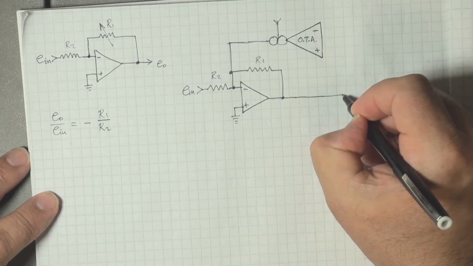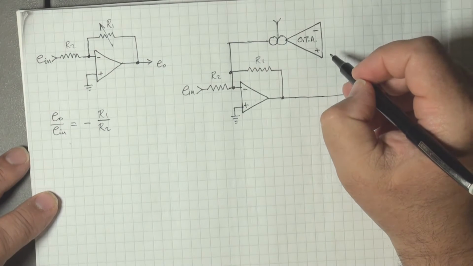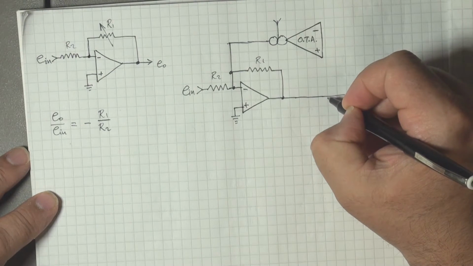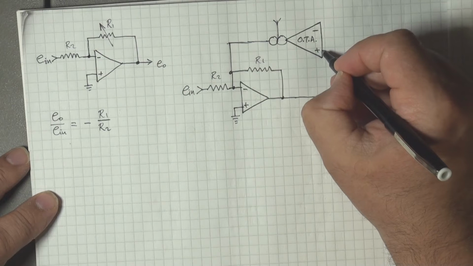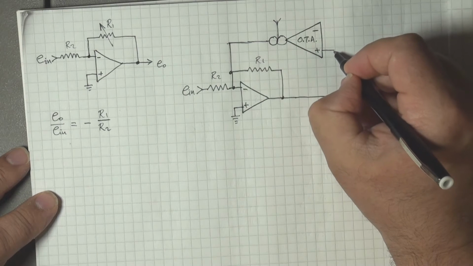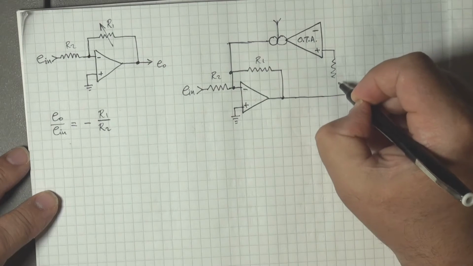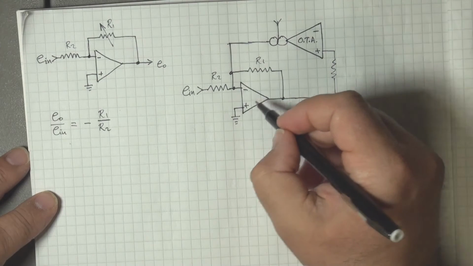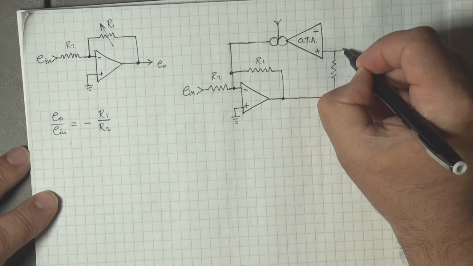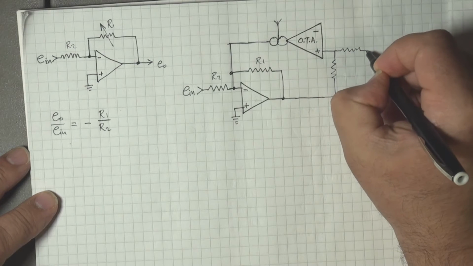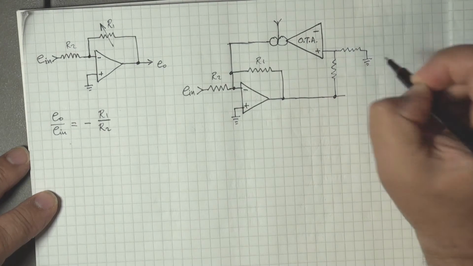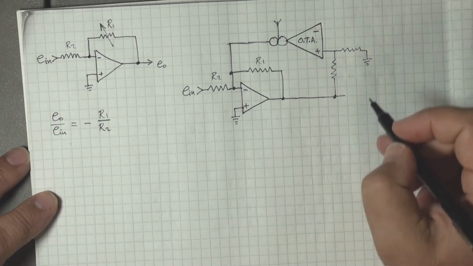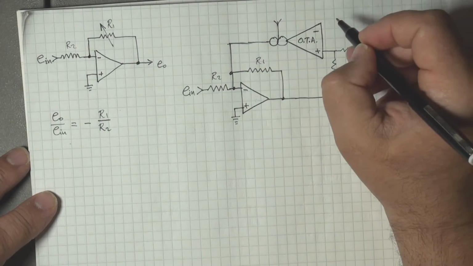Well, we'll take the positive non-inverting input, connect it through a voltage divider to the output of the op amp. We won't worry about what the value of that is for now.